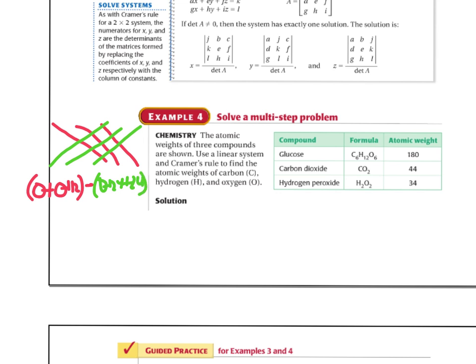I apologize, this is quite squishy. So now I'll do an arrow. Nothing an arrow can't solve.